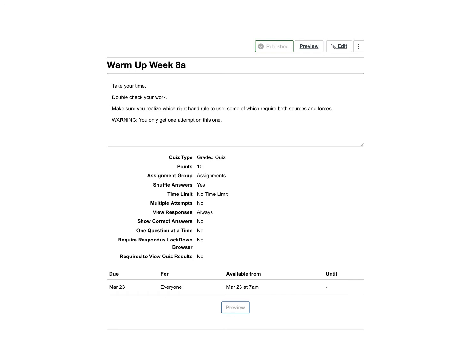Next, we also have a warm-up, and this warm-up is really seeing how well you guys are doing with those questions from the Stephen Murray right-hand rule practice. A lot of questions pulled from there to see what you can do. We're looking at 10 questions, no time limit, but you only get the one attempt.